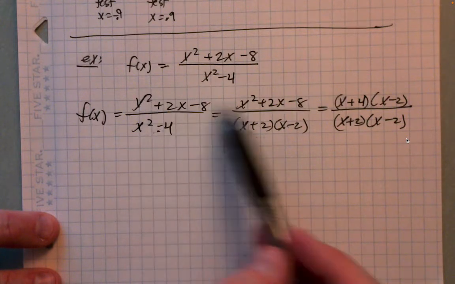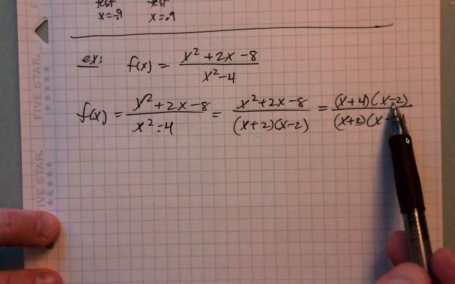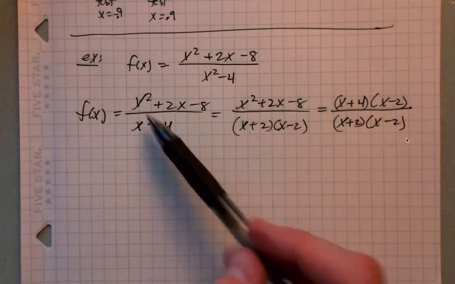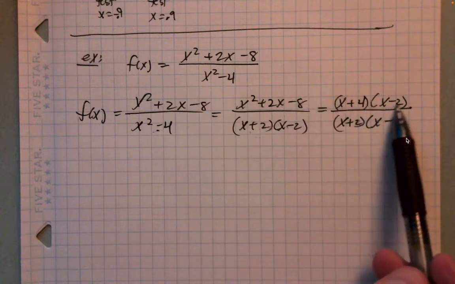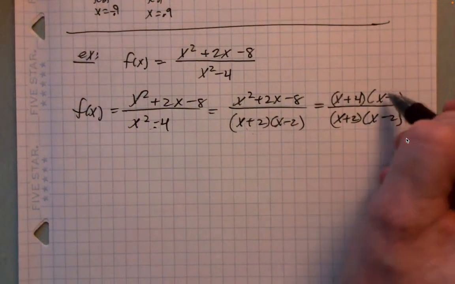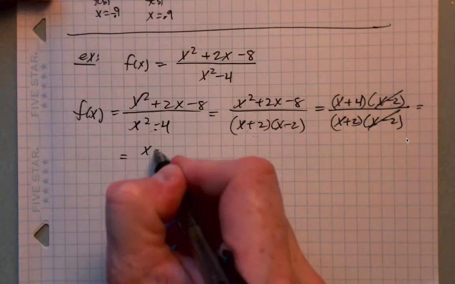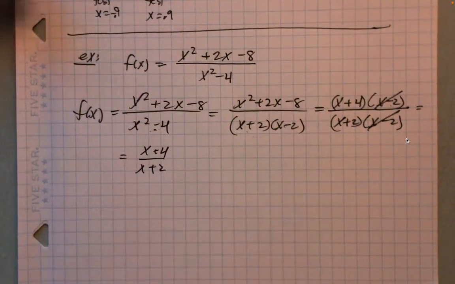Right, and that is because the numerator can be factored down like this. It has a root at 2. Okay, so this polynomial x squared plus 2x minus 8 has a root at 2. Now, you can see it when you do the factoring, and you can think of it as, oh yeah, those technically would cancel out, and I would have x plus 4 over x plus 2.